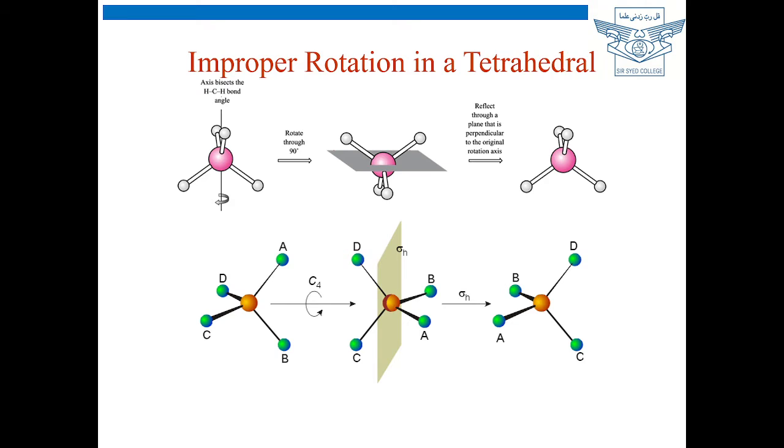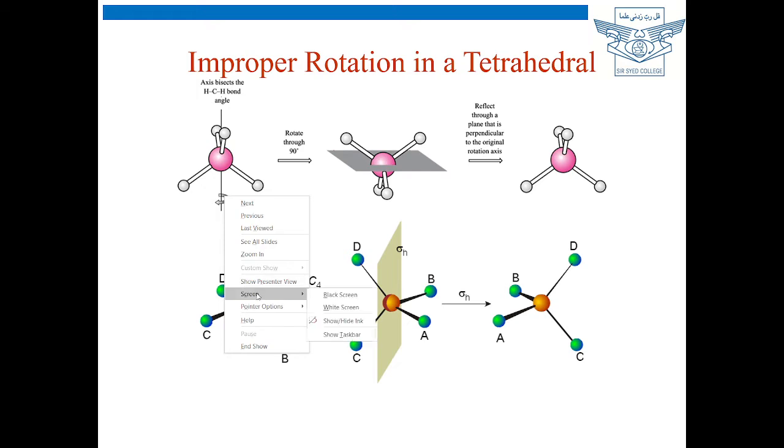Okay. Say for example, here you can see it's a tetrahedral molecule. So you are subjecting this molecule initially to a rotation followed by inversion, right? So let me select the pointer.